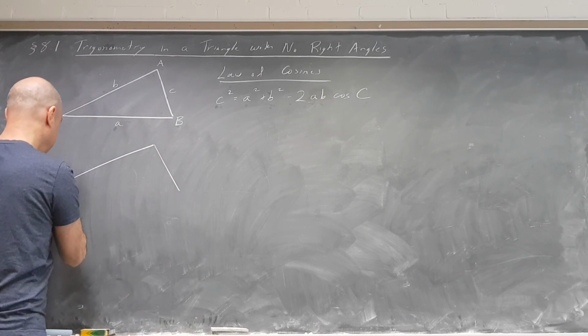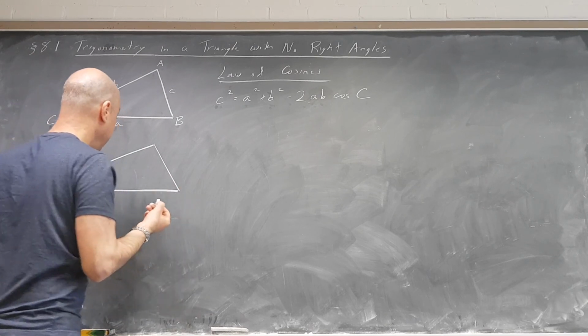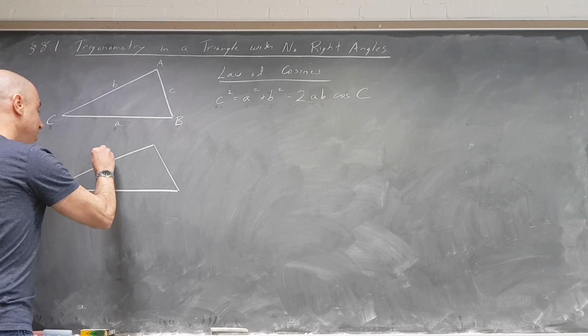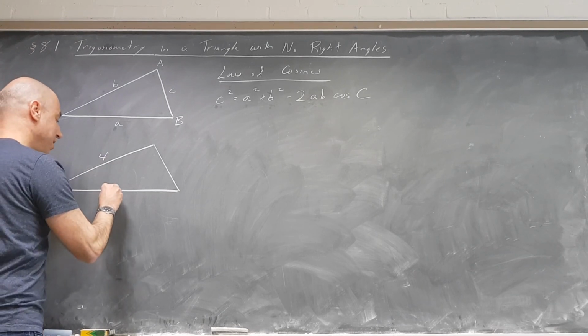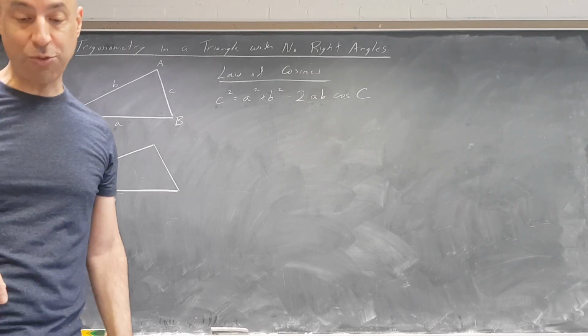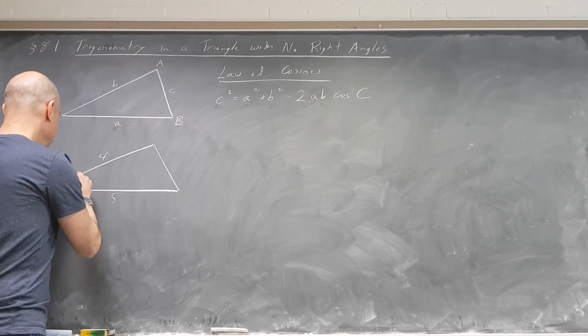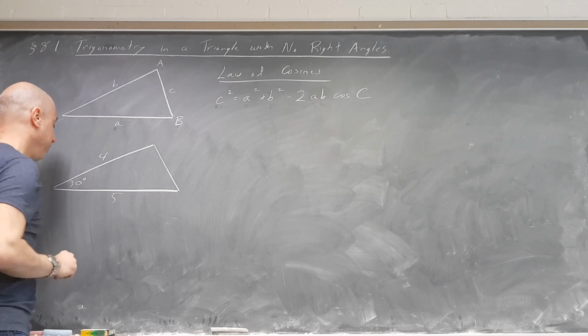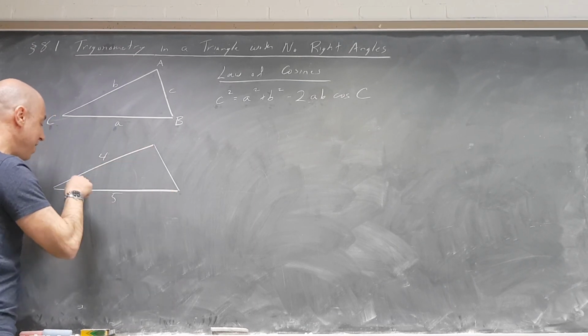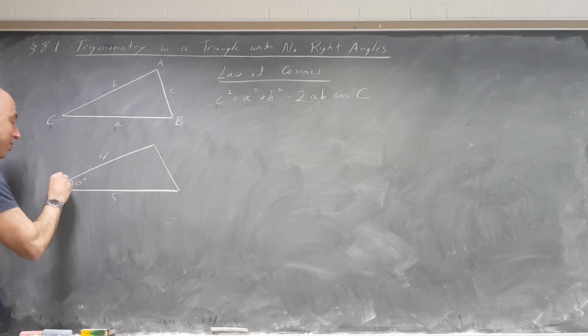Let's say I have a triangle with none of the angles necessarily right, and this has length 4 units, and this has length 5 units. If you want to actually put units on here, we can. I'm going to do this without units right now. And we'll say that this is 30 degrees. So I know that this side length is 4, I'm told that this side length is 5, and I'm told that this angle right here is 30 degrees.